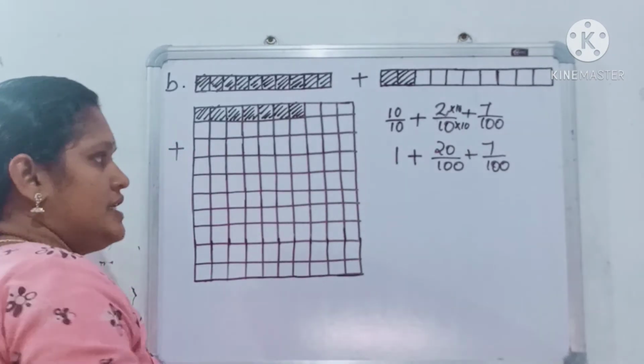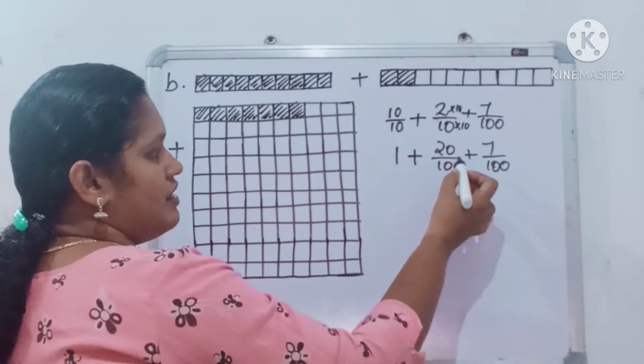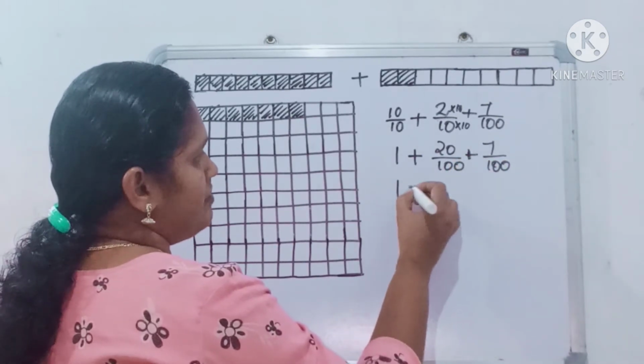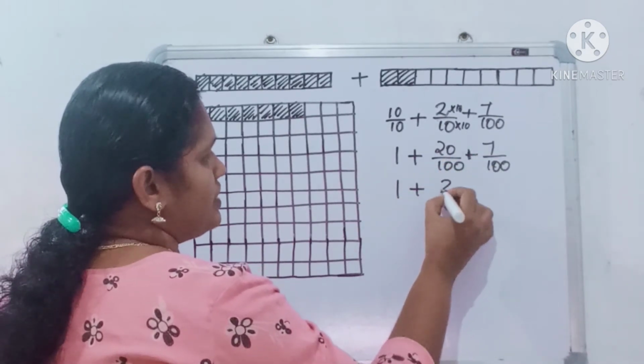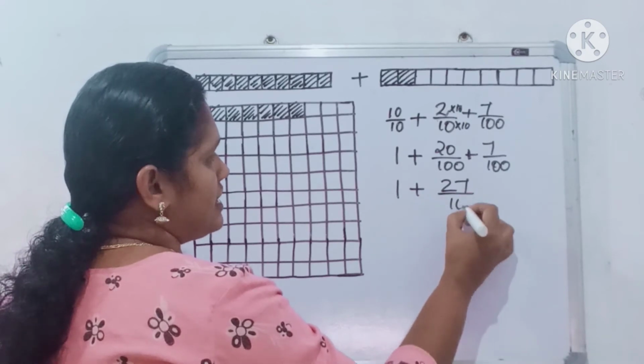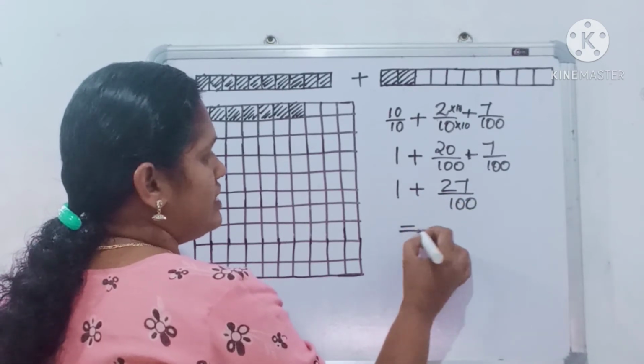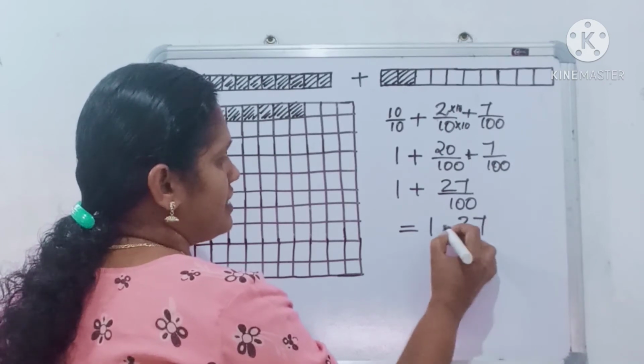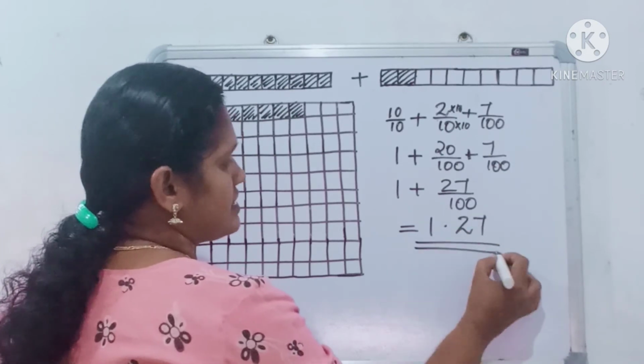Okay, we already studied the addition of like fractions. 1 plus 20 plus 7, 27 by 100, which equals 1.27. This is the answer.